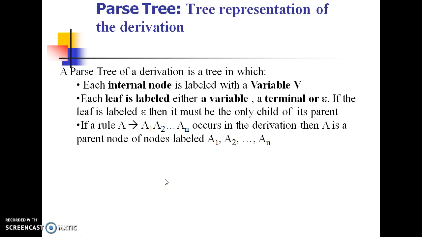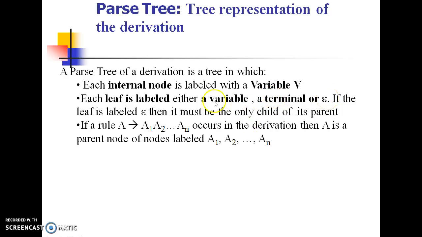Parse tree. A parse tree is a pictorial representation of the derivation. In the parse tree, we have internal nodes which are represented as variables, and the leaf nodes give the final yield string; all the leaf nodes are terminals or epsilon.